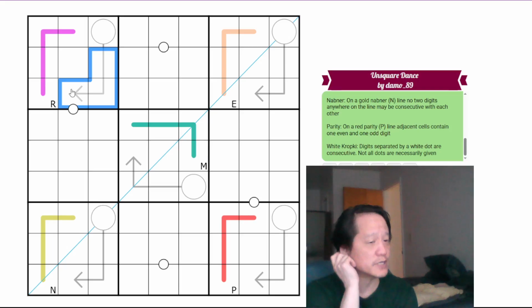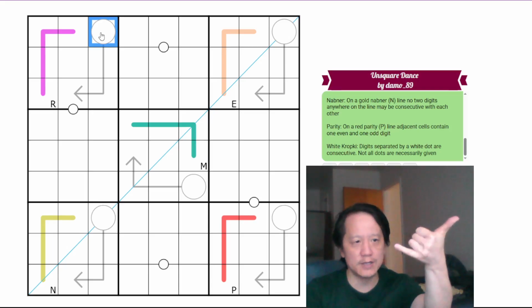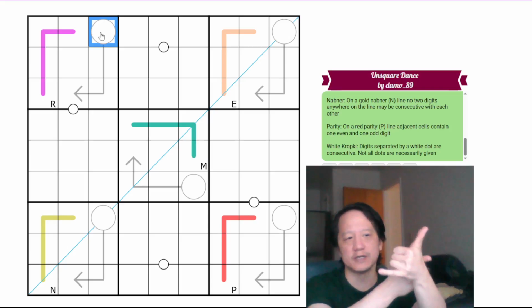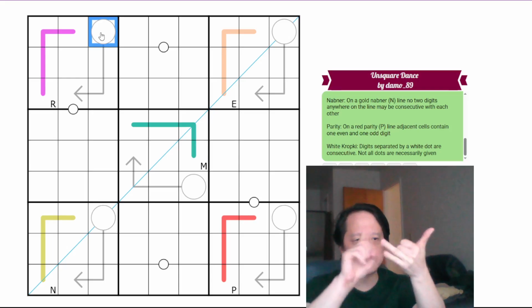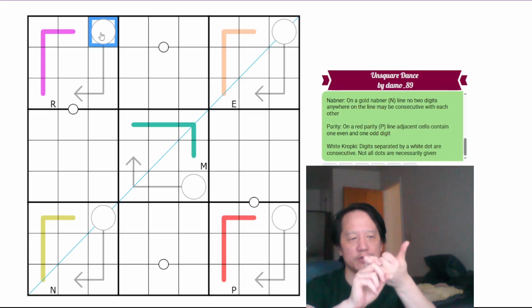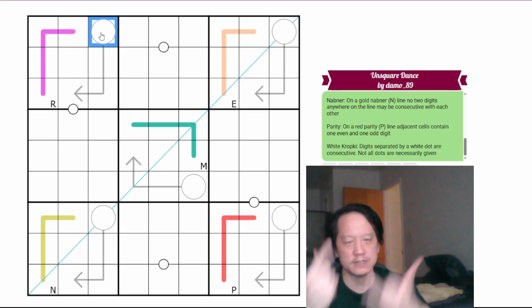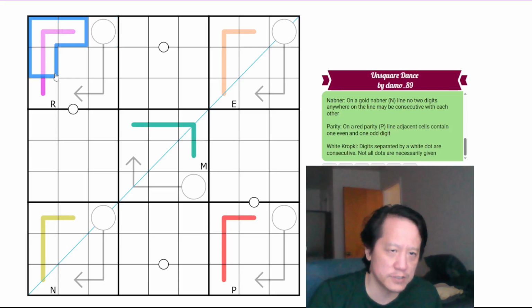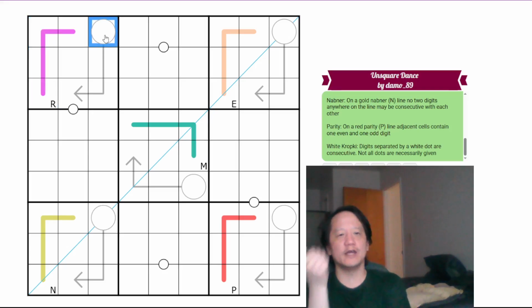And the answer is no. Because if we have 1, 2, 4 here, and 7, that leaves us 3 as a separate digit, which can't be consecutive with any other digit in the box. We have 5 and 6, which are consecutive with each other, but not with any other ones. And 8, 9, and those are not consecutive for 4 digits. So 7 doesn't work. What about 8?